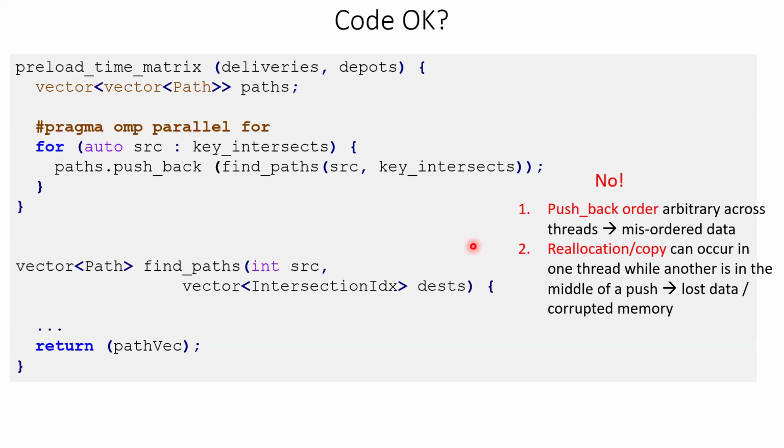And if multiple threads are trying to push back together, you can get problems with reallocation or copying, resulting in loss of data and memory corruption, which happens with the vector resizing and the priority queue that we just saw. So, no.